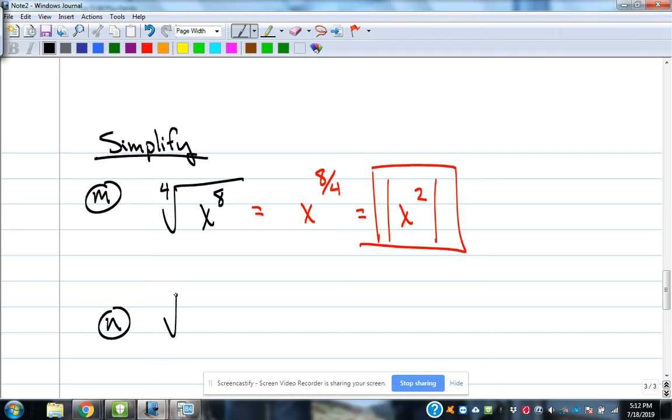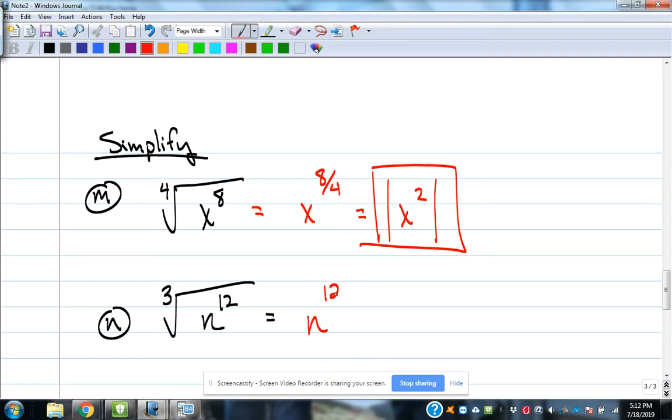Here's an example of one that's an odd index. Maybe it's something like the third root of n to the 12, something like that. You think about it as converting from a radical expression into a rational exponent.